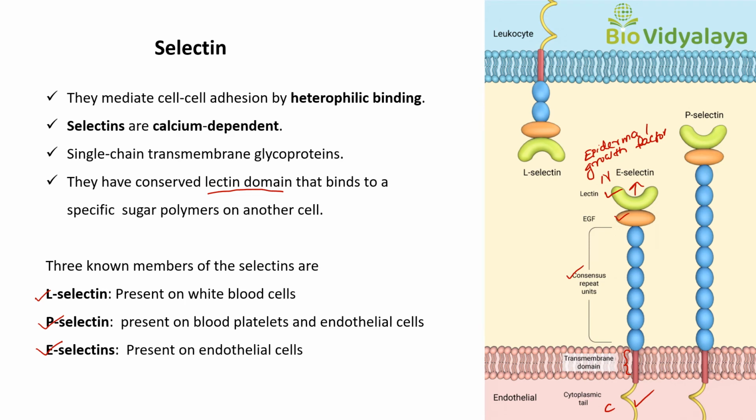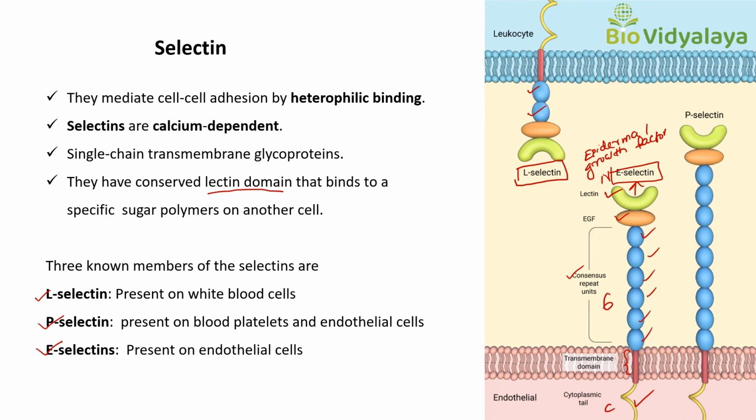Here you can see this is L-selectin. Two consensus repeats are present in L-selectin. Here this is E-selectin. How many consensus repeats are present here? 1, 2, 3, 4, 5, 6.